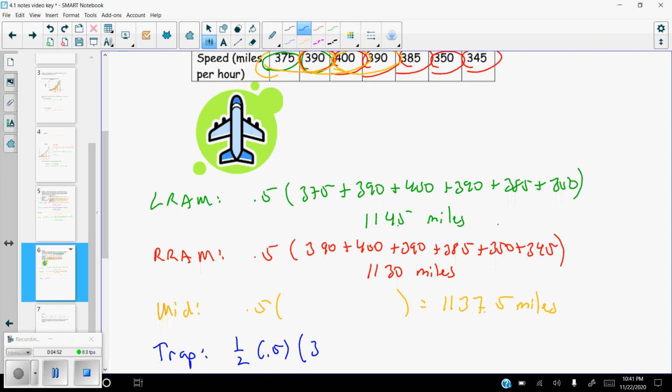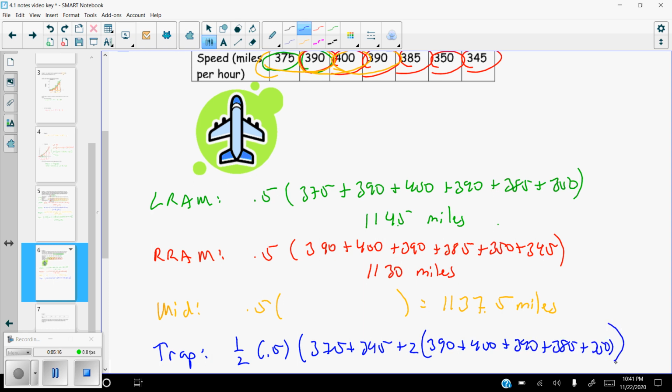So we're going to get 375 plus 345. That's the first and the last ones. And then all of the interior bases get added up twice. So it's twice of 390 plus 400 plus 390 plus 385 plus 350.